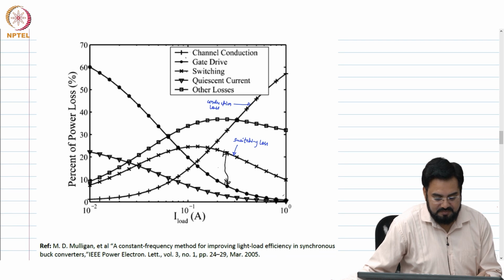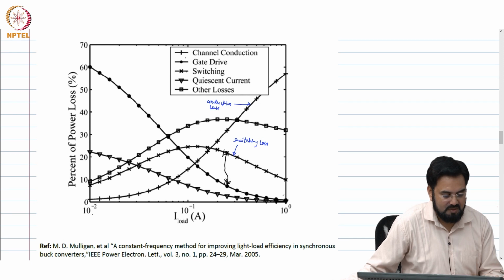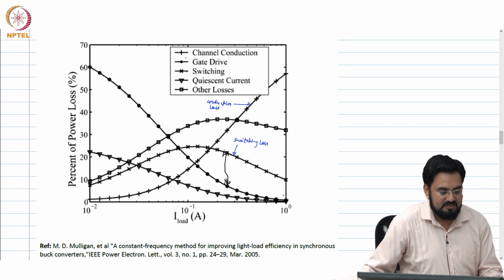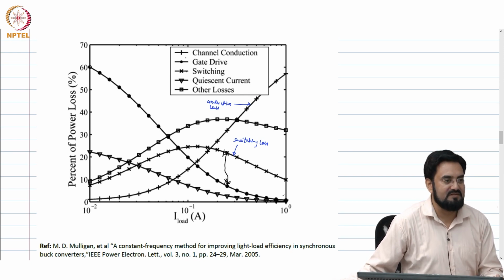Okay. So, if you look at the quiescent current, this one. Look at a very light load, this is how much, 0.01. Okay. So, this is dominating and this is the gate drive. So, look at this gate drive and quiescent current now dominating here. Now, think about if I reduce the switching frequency.